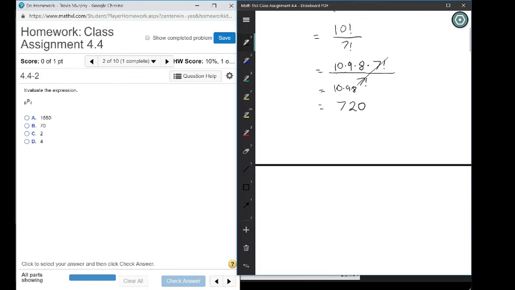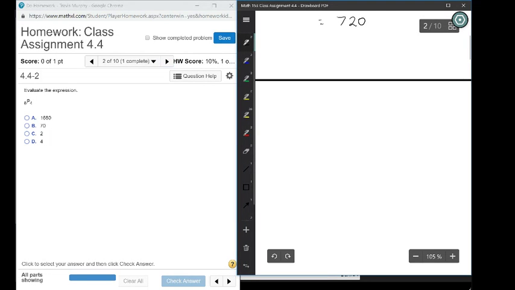Right, next question. Eight permute 4 would be number on the left first, 8 factorial over 8 minus 4 factorial. So 8 factorial over 4 factorial. Expand 8 factorial until you get to 4 factorial.